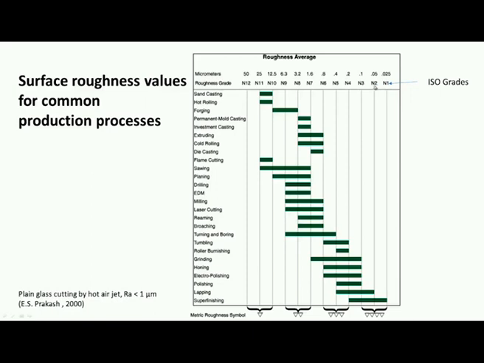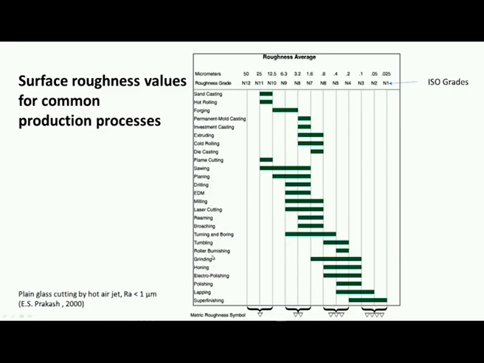N1, N2, N3 are fine and provide fine finishes, and we use N10, N11, N12 grades whenever we want to specify rough surfaces. We have considered various production processes like sand casting, hot rolling, extruding operation, planing, drilling, EDM process, milling.